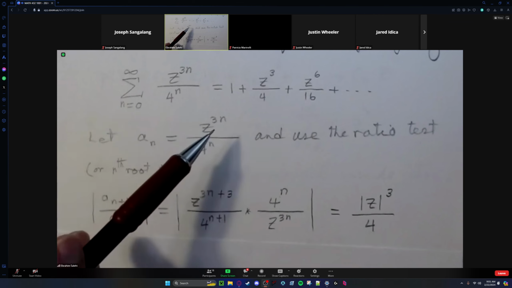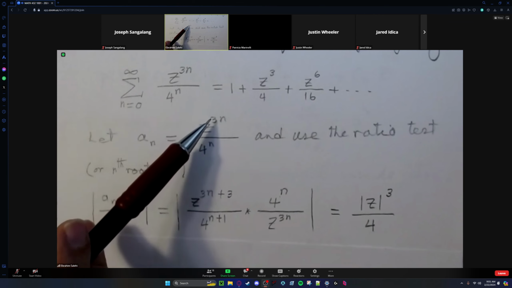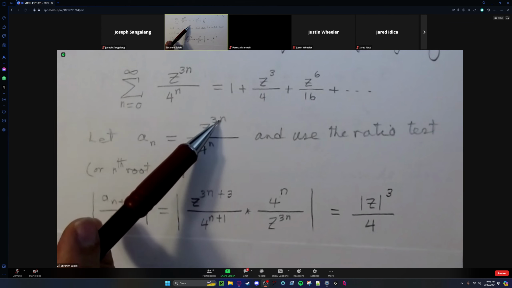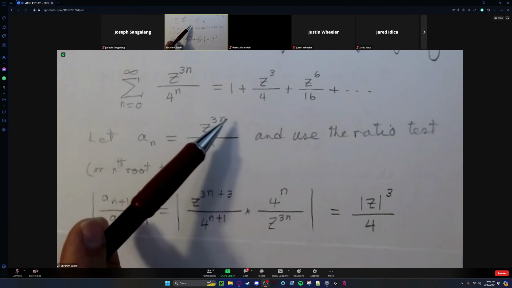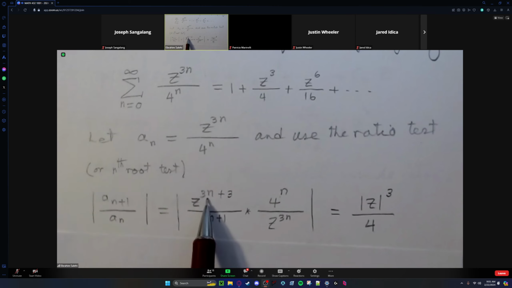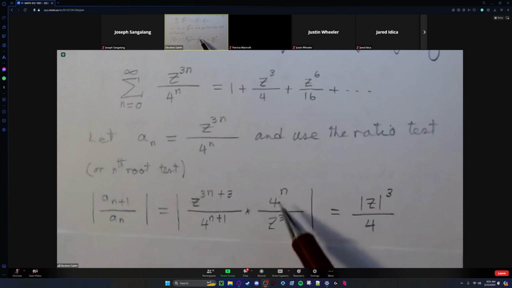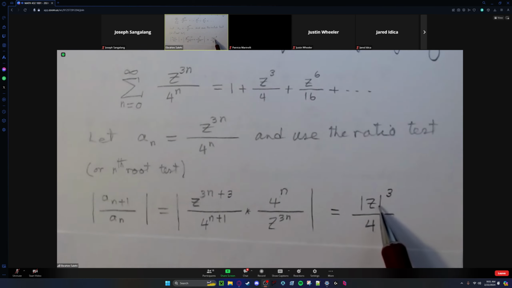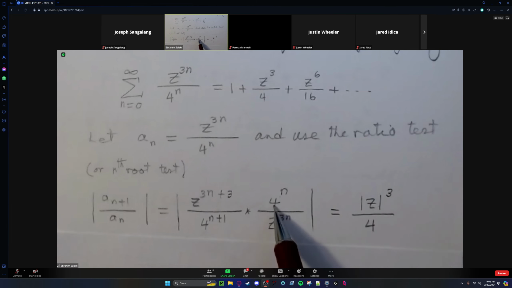If you replace n by n plus 1, it will be 3 times quantity n plus 1. So this is it divided by 4 to the n plus 1, multiplied by reciprocal of a_n. Well, this cancels. Here you get z cubed, and here you get 4.